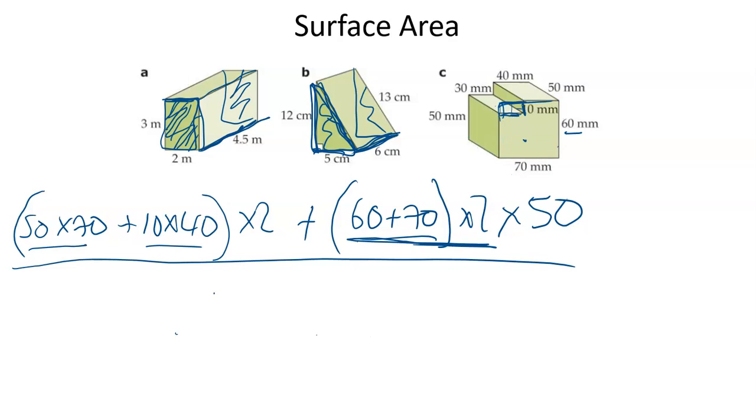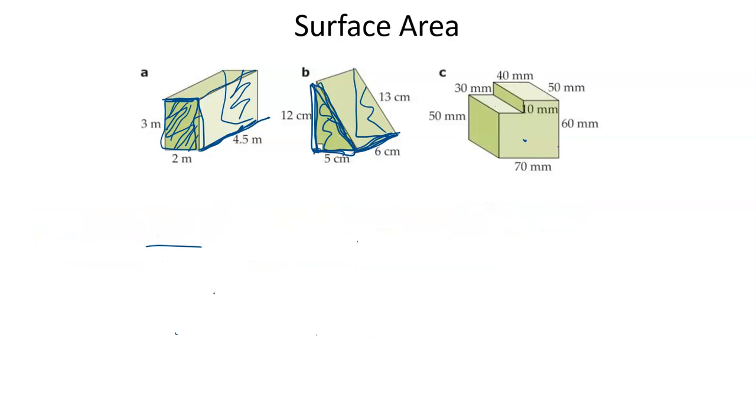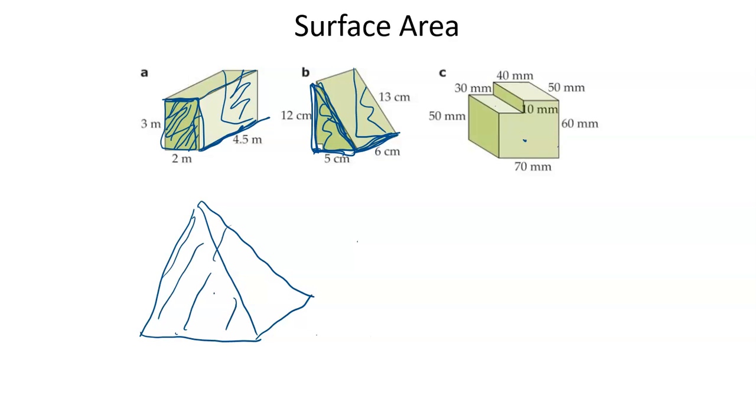Now, as I said, if you haven't got a prism, if you've got like a pyramid, then you can't do the perimeter method I just showed you. But if you've got a pyramid, then you're going to work out 1, 2, 3, and 4 triangles, and then the area of the square at the bottom, and add it all up, assuming it's a square-based pyramid.